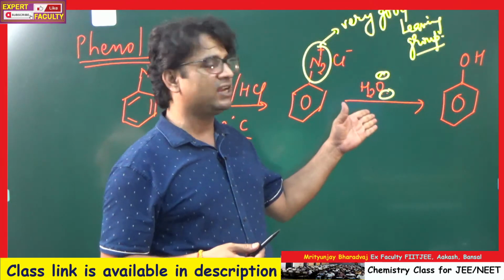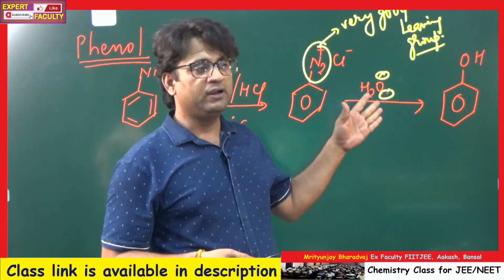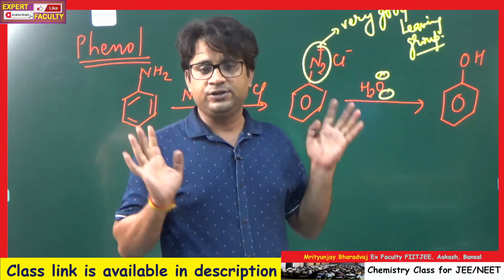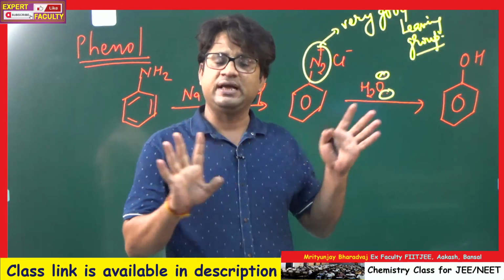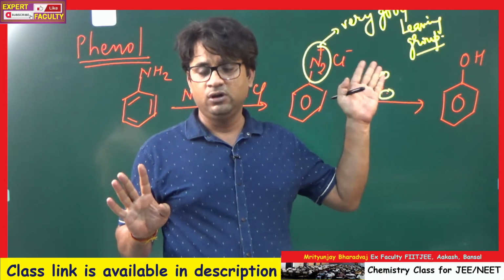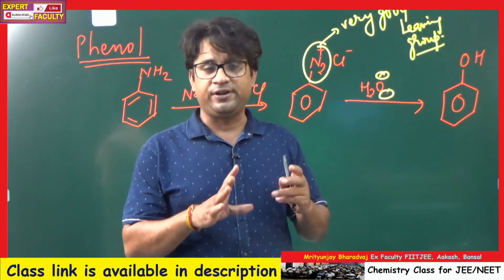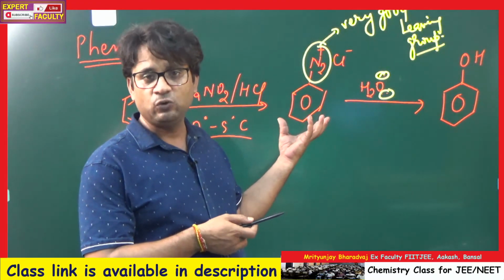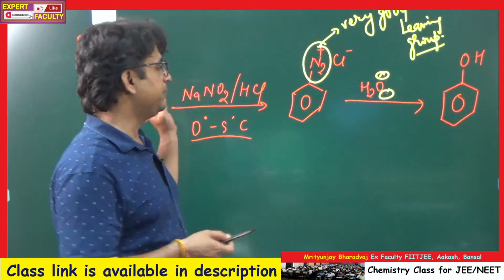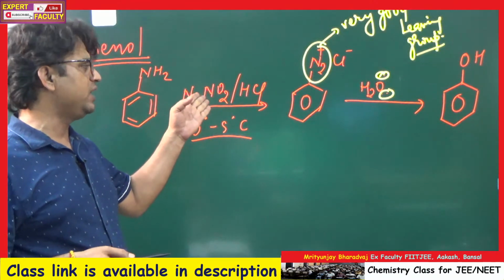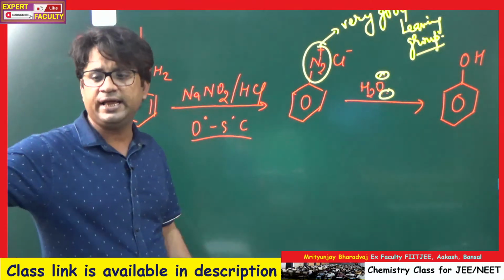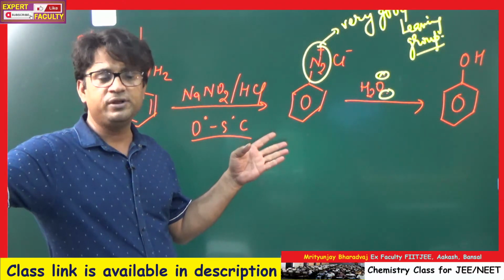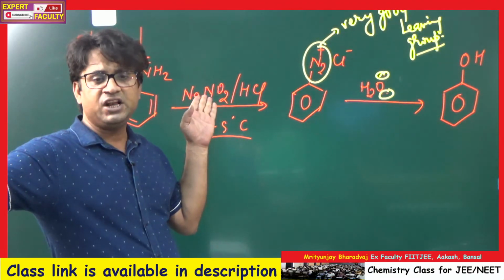So we can take NaOH also, but in the lab, for writing on the paper pen, we can write NaOH also. But when we are in the laboratory, this mixture will have plenty of acids. Yes or no? While making diazonium, we are mixing NaNO2 with the HCl.